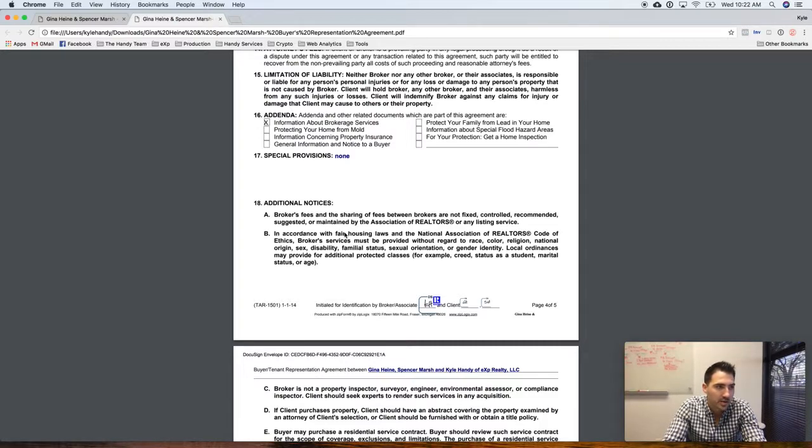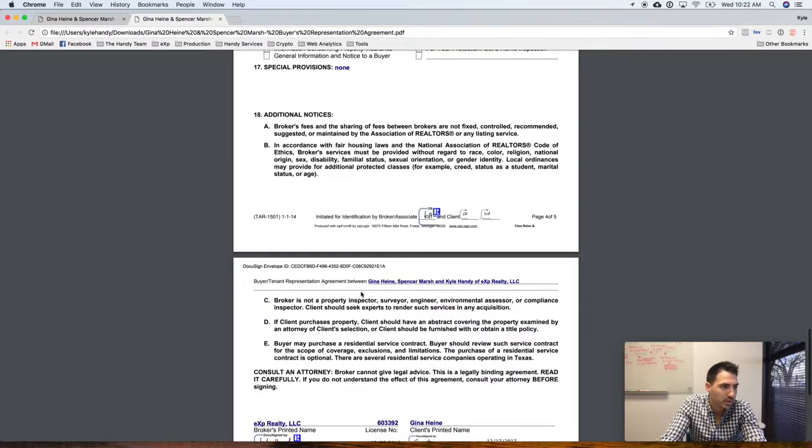That would basically be up to them to do any kind of research if that was something that was important or they needed to know more about. But we can't steer them in a certain direction or take them away from a neighborhood or anything along those lines based off of those types of protected classes. So I do point that out.